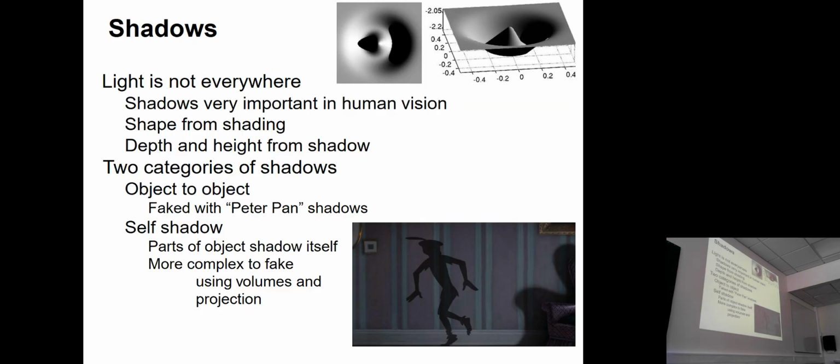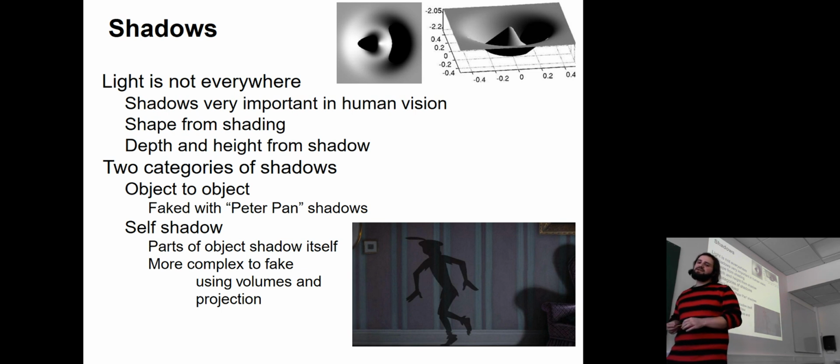So light isn't everywhere, and shadows are important in human vision, as we have already seen. With shadows you can interpret height, depth, shape, lots of information about the scene. And there are two categories of shadows in a very general sense. One is when the shadow falls on another object, the so-called Peter Pan shadow. For example, the shadow of one object falls on the wall.